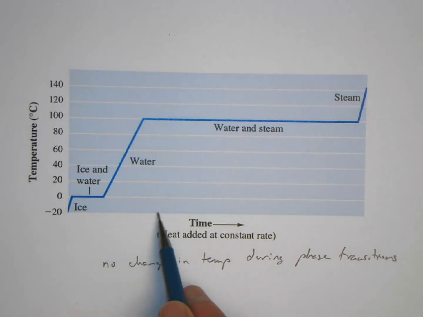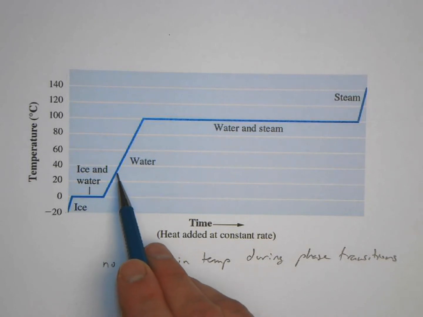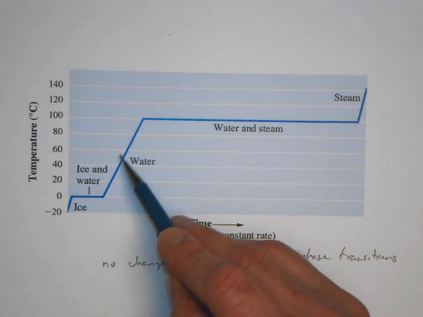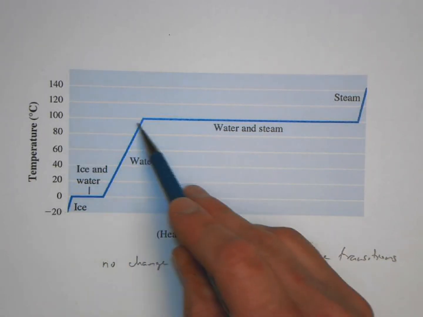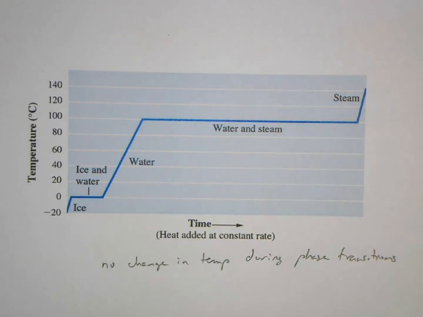Now, when we melt all of the ice and we have simply water at 0 degrees Celsius, we're continuing to add heat as we move along. As we add more heat, the water is going to get warmer and warmer. The slope of that line is going to depend on the specific heat of the water, the heat capacity of the water. And we're going to heat that water up until it reaches 100 degrees Celsius. And then at that point, we've reached what would be called the boiling point.